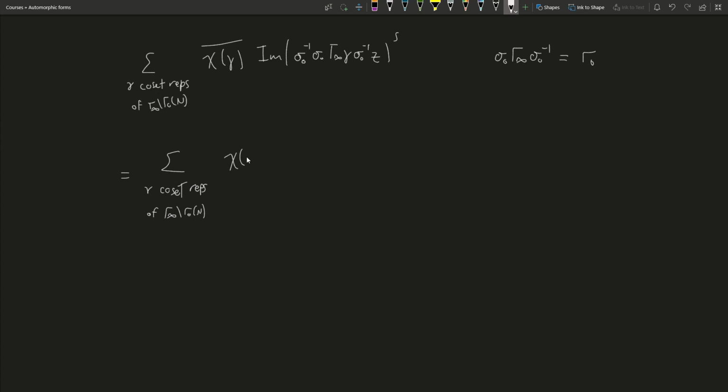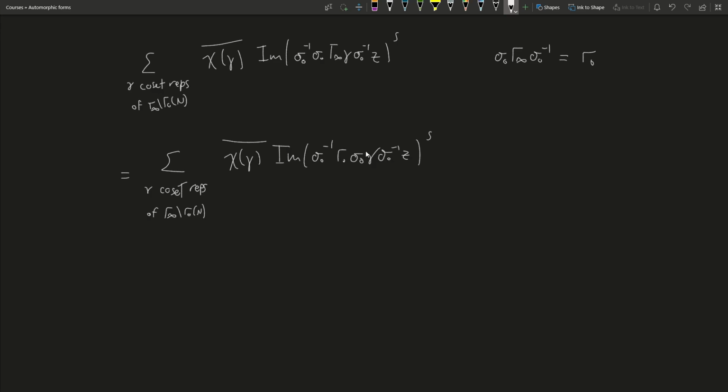Here we have our character, and now we have the imaginary part, and just inserting this definition here, we have the imaginary part of sigma naught inverse times the stabilizer of the cusp 0 times sigma naught gamma sigma naught inverse z, all to the s.